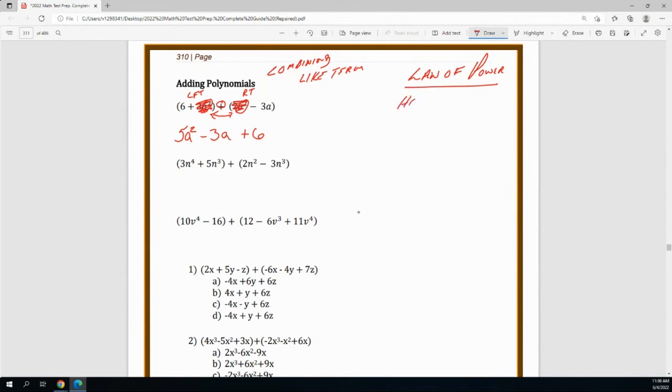Anything with the highest exponent is going to be written first in your list. And you'll notice that the a squared has the highest exponent there. The next one is the a by itself, and then the single numbers. Single numbers will always be written last.